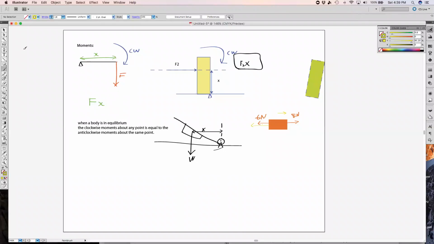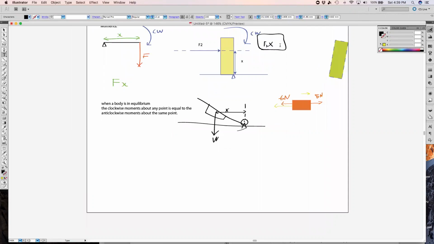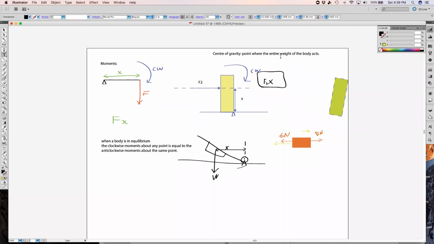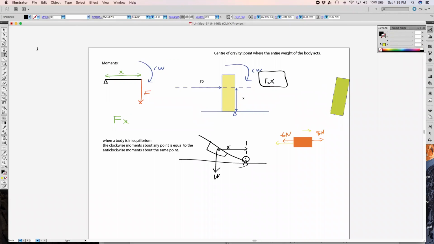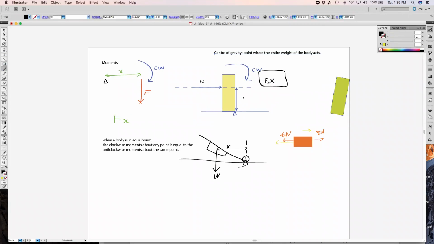Another point I failed to mention is we had defined another concept called the center of gravity. And what is the center of gravity? It's a point where the entire weight of a body acts. It's called the center of gravity, right? So for example, if this was a regularly shaped object, its center of gravity would be in the middle here, somewhere around here.